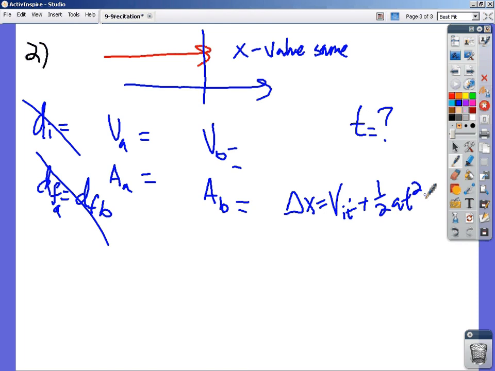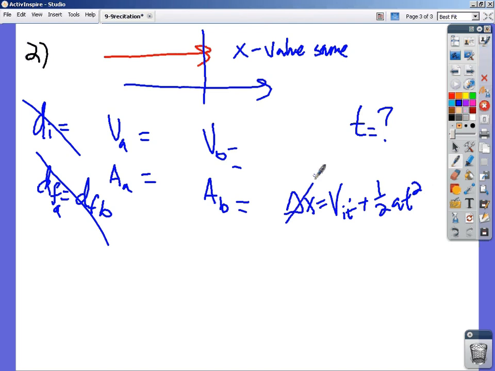So delta x is what? If you see this equation, you're going to get what I mean. Because they're reaching the same point, their change in x has to be the same for each particle. So if change in x equals change in x for both particles, we can set the second part of this equation equal to the second part of the equation for the other particle. It would look like this.